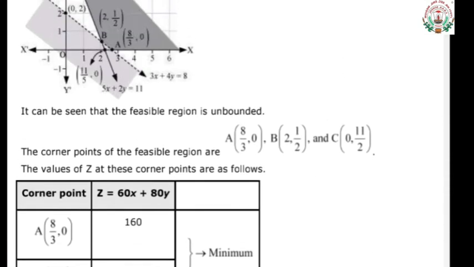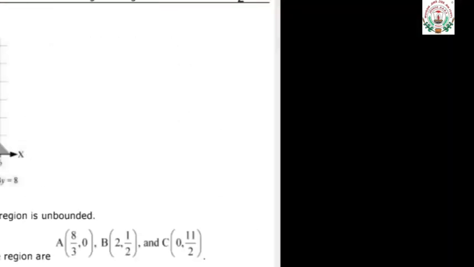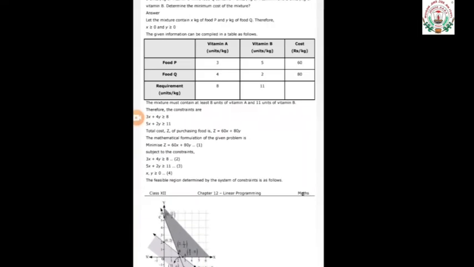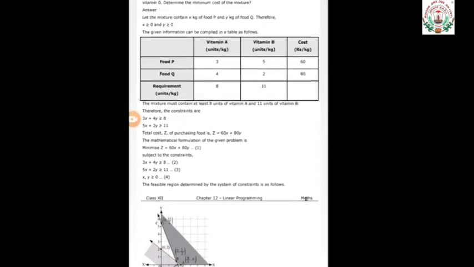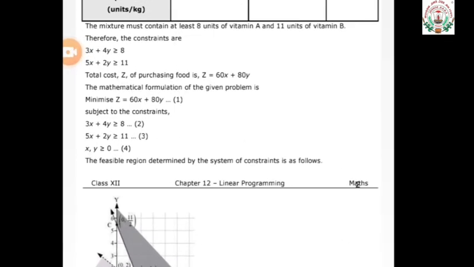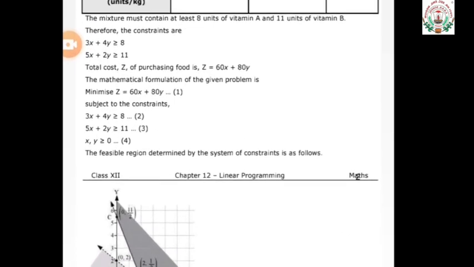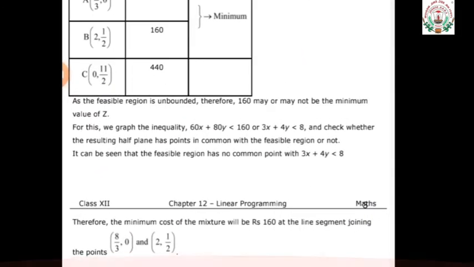मतलब हमारी जो ओरिजिनल लाइन थी पहले वाली 3x प्लस 4y ग्रेटर देन 8 और हमारी जो ए वाली लाइन है 3x प्लस 4y लेस देन 8, ये दोनों कोइंसाइड हो रही हैं.